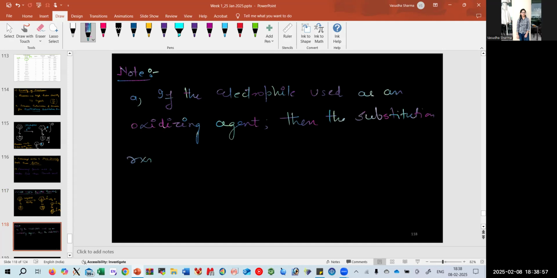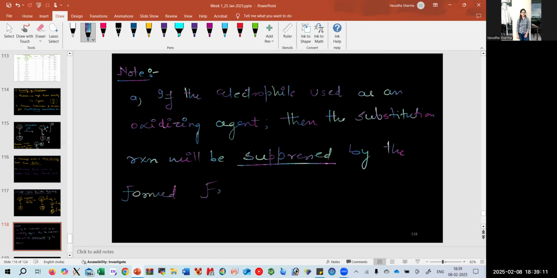So the electrophilic substitution reaction will be suppressed by the oxidized product, which is the ferrocenium ion, written as FeCp2 positive.